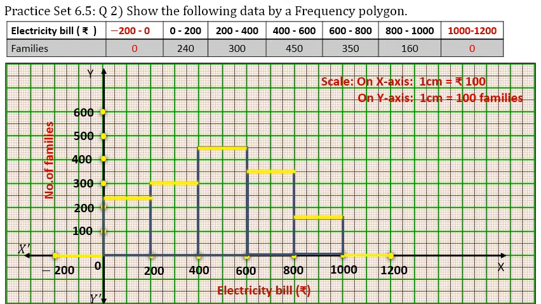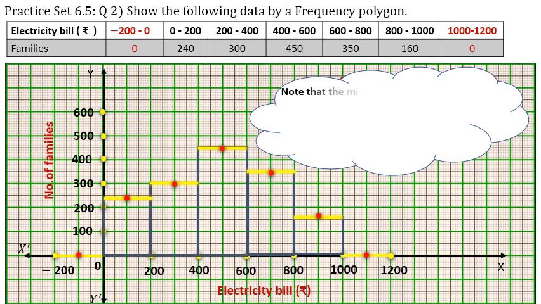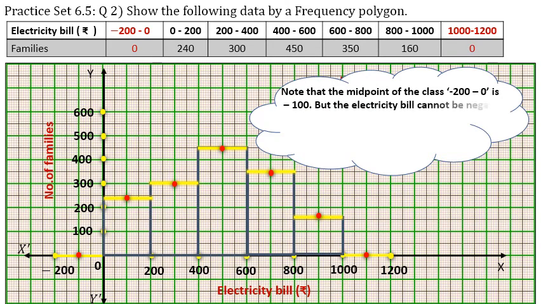The yellow line segments represent the upper sides of the rectangles drawn. We mark the midpoints of these upper sides of the rectangles. Note that the midpoint of the class -200 to 0 is -100, but the electricity bill cannot be negative.